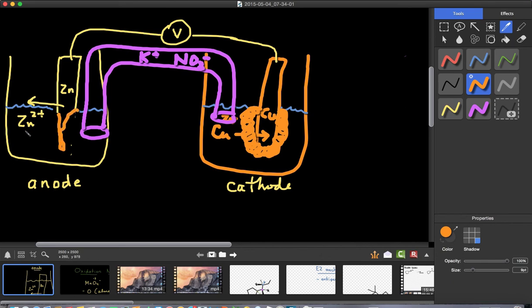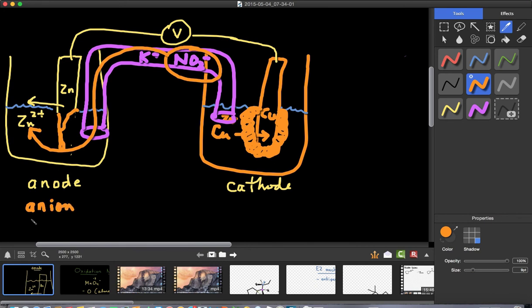So we're going to build up a positive charge here. To offset that, the negative charge in the salt bridge, the nitrate ion, will migrate to pair itself with the developing charge of zinc 2 plus. Notice the anode is where the anion migrates.